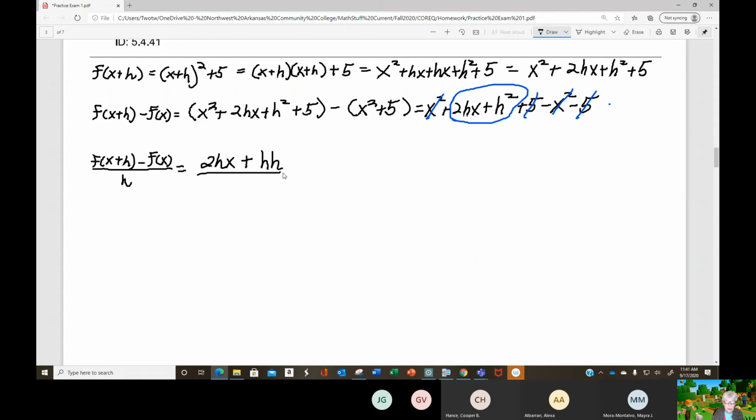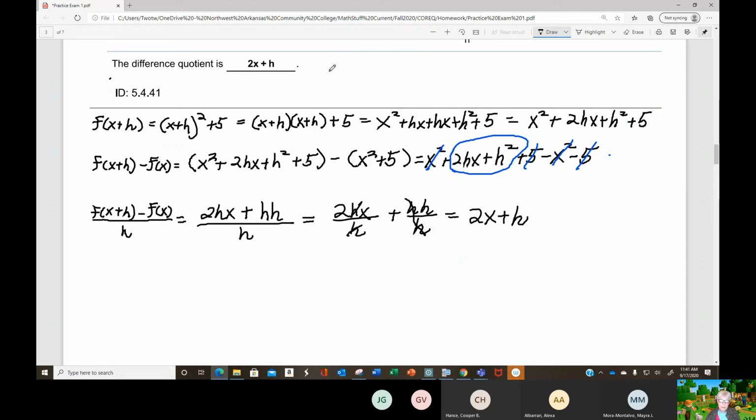And I write it this way only because I know I'm going to be dividing by h. Okay, there you go. So that's how they got their answer right there.